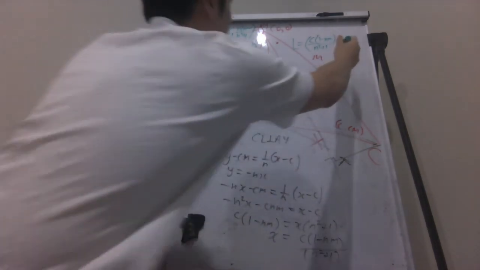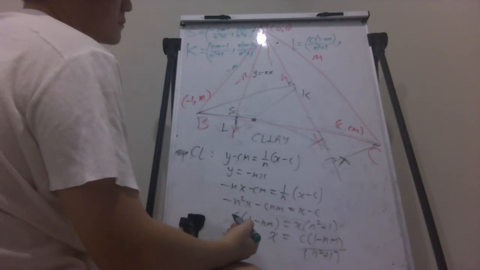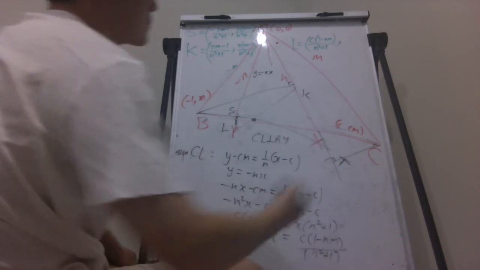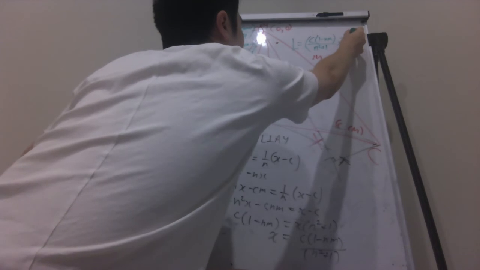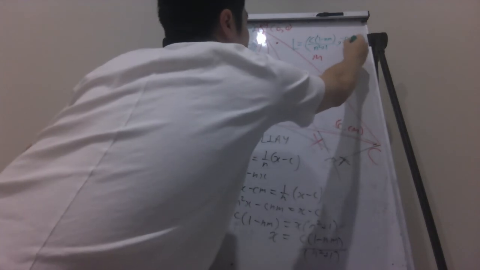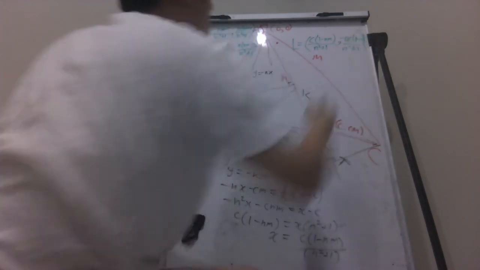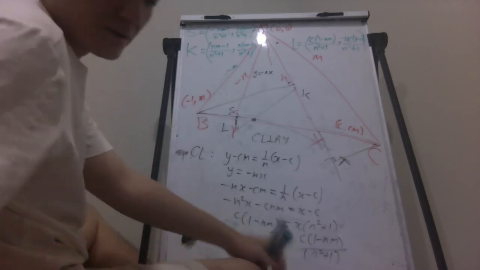Okay, what's the y value? Minus nx minus nc times, well, just nc times n and minus 1. So it's 1 minus nm.